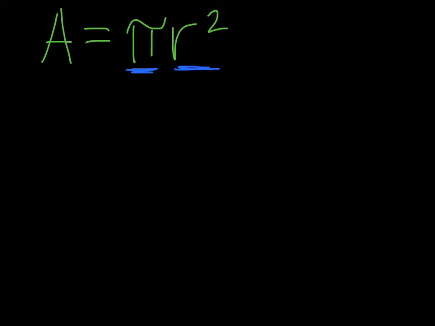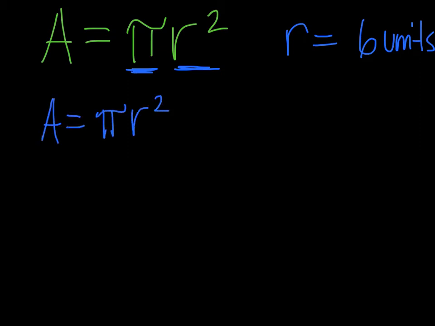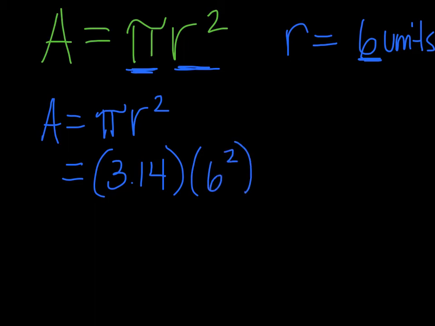So let's say that we had a circle and its radius was 6 units. What you're going to do is take your formula, area equals pi r squared, and substitute in your 6 units. I'm going to go step by step. For pi, I'm going to write 3.14 times my radius, 6 squared. So really what I'm doing is creating a 6 by 6 square.